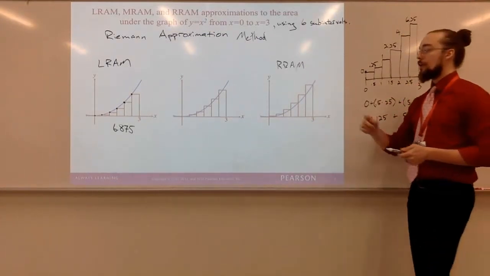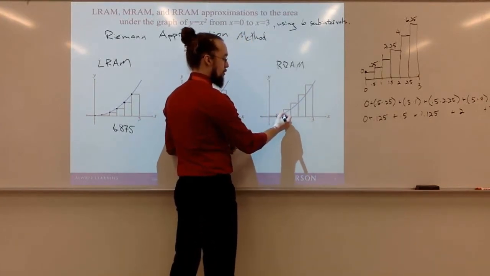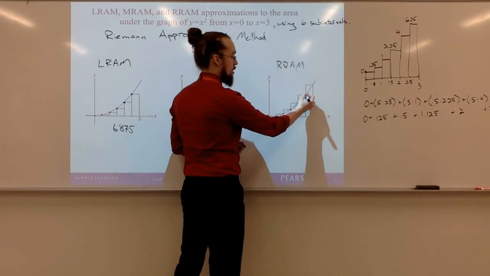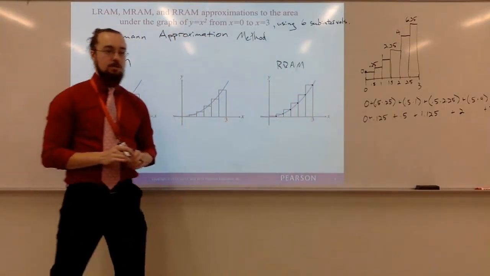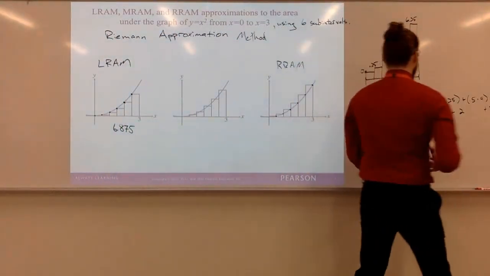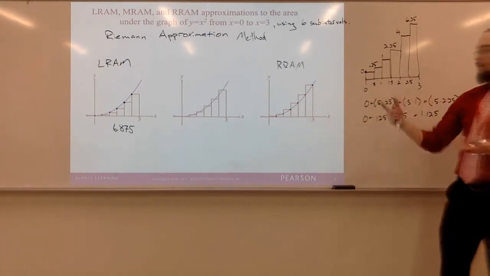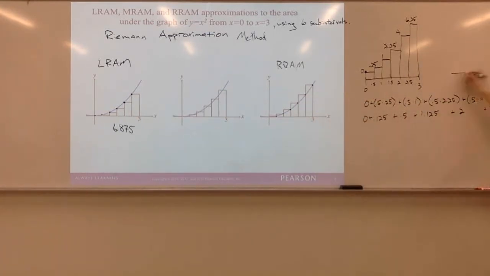So here, the heights of the rectangles are determined by the right endpoint. We already calculated most of these heights, so I don't really have to do that again. I'll come over here and redraw this. We're still using the same subintervals. From 0 to 3, we're splitting it up into 6 pieces.